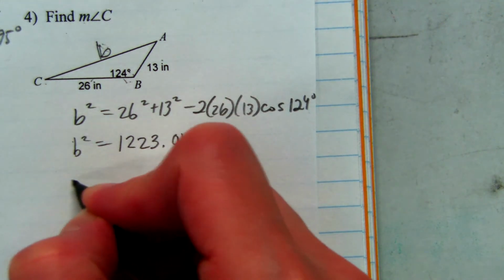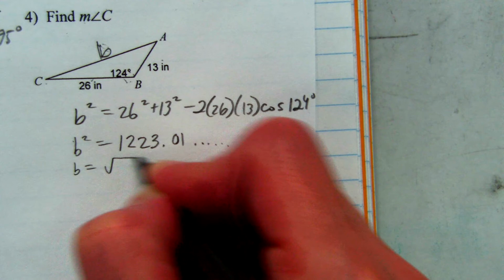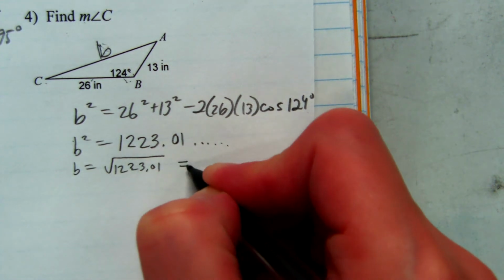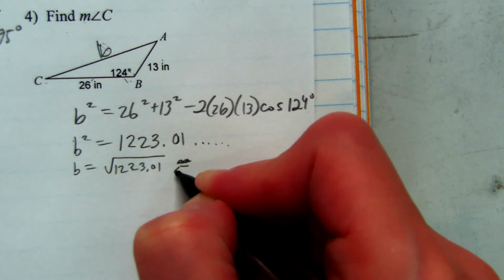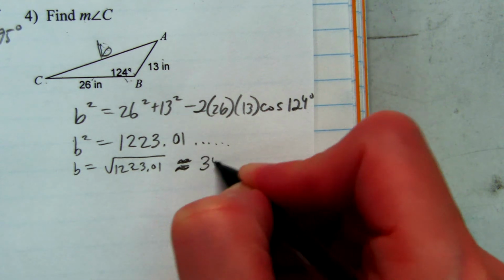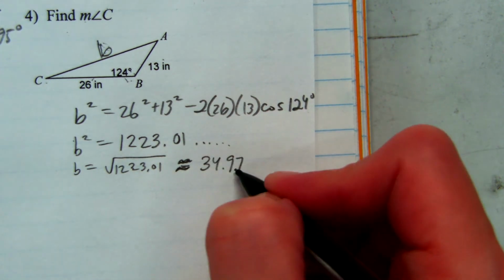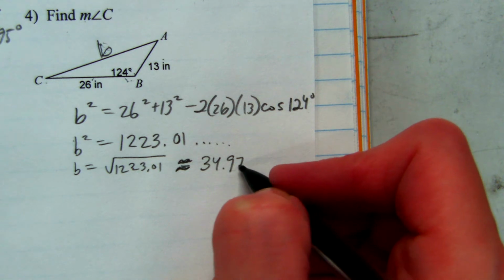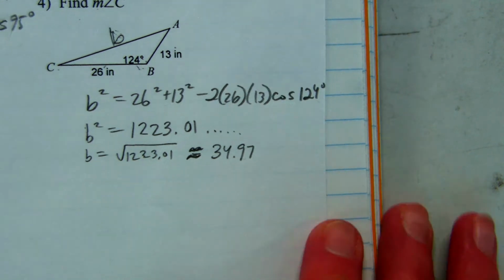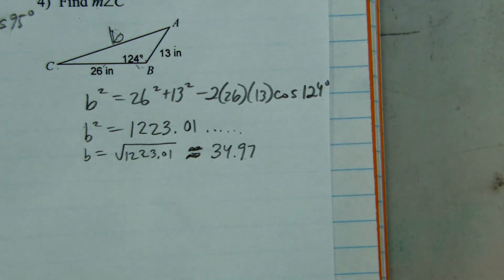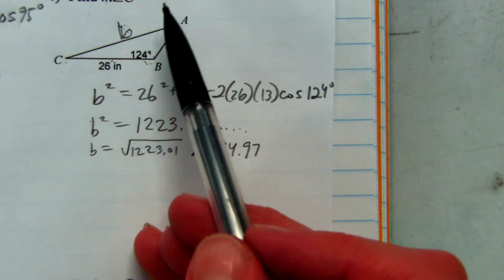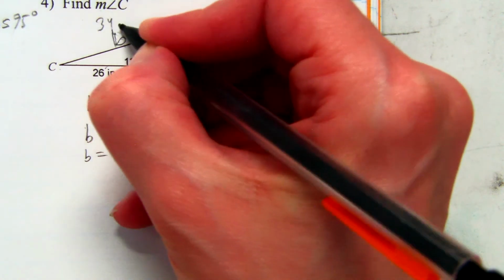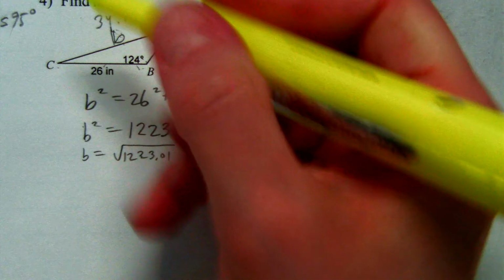When we square root that, so b is the square root of whatever that is, then we end up with approximately, I'm going to keep a couple decimal points, 34.97. So really close to 35. Whether we can actually round to 35, I don't know if it comes out right if we do or not. So we'll just leave it like that for now. And then they want us to find angle C. Now that we found that side is 34.97, I can set up the law of sines.